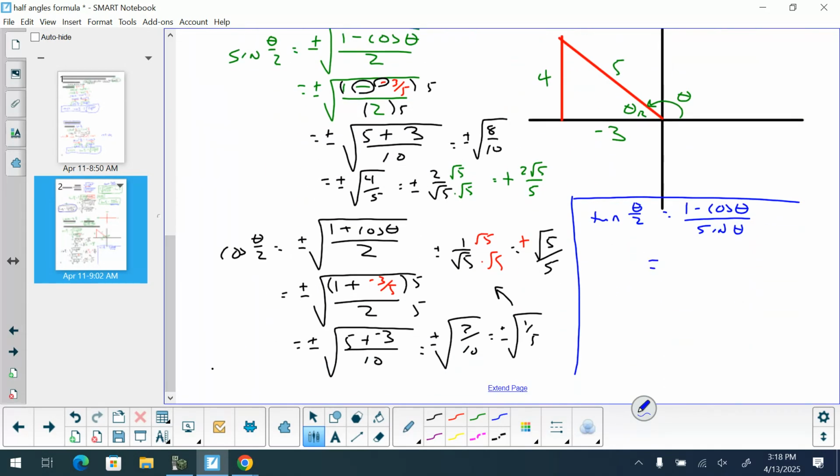So we're left with 1 minus the sine of theta, which is 4 over 5, divided by cosine of theta, negative 3 over 5. Multiply through by your value of 5. Or, once again, if you use your calculator, that is fine. There's no shame there.